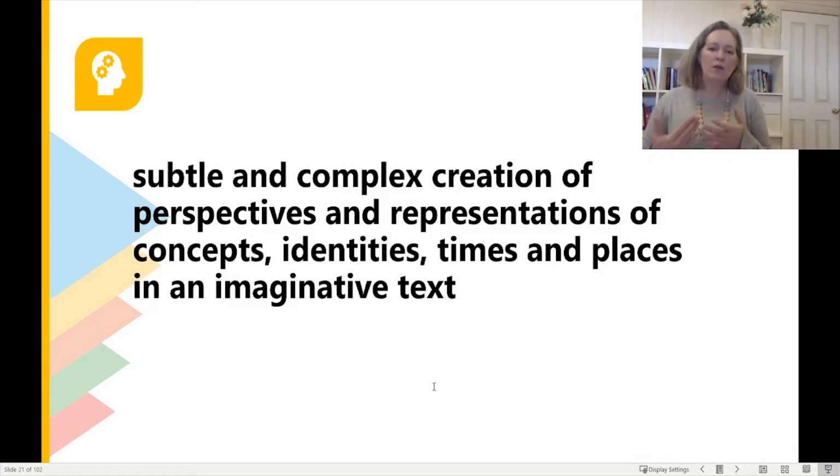So where and when it's set, the values and attitudes that are in action at that time and in that place, these are all the sorts of things that we would expect to see reflected in a piece of writing. But the key words here are subtle and complex. So we don't just want to give the readers a whole lot of facts. We don't want to just hit them with something out of Wikipedia. So we need to work out nice, subtle ways to work this into our story.